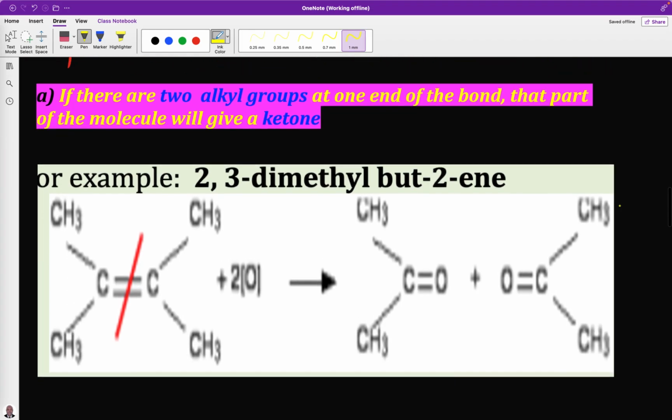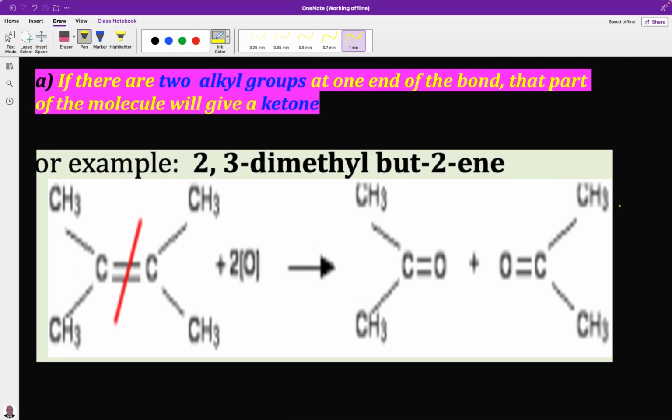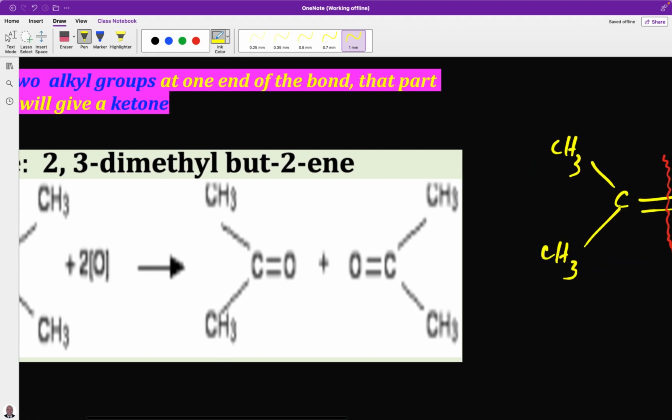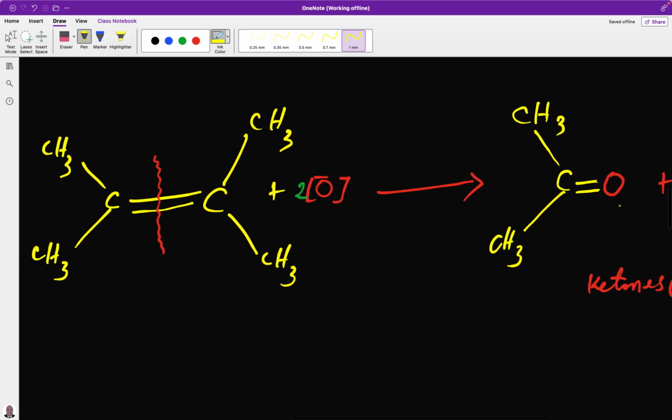My example is 2,3-dimethyl-butene. With this example, under the harsh condition, the bond on the alkene will break.